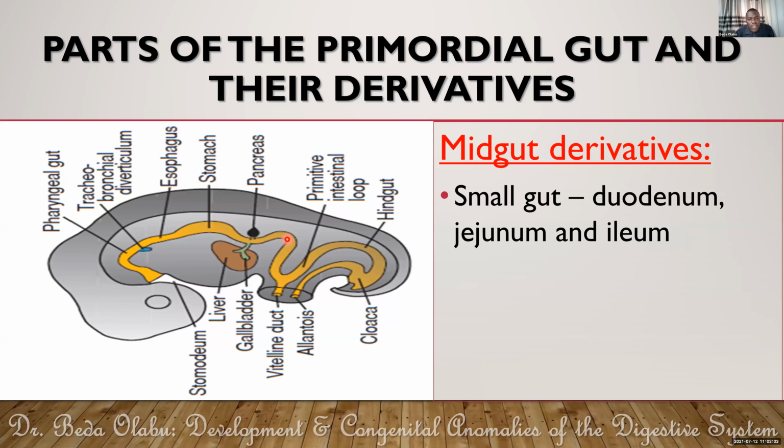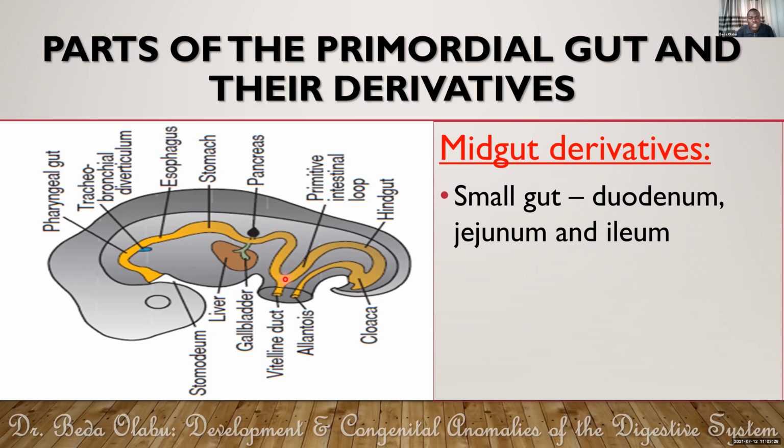That region there that I've shown you, we call it the cephalic limb of the midgut loop, or cephalic limb of the primary intestinal loop. So the small gut comes from the cephalic limb of the primary intestinal loop.